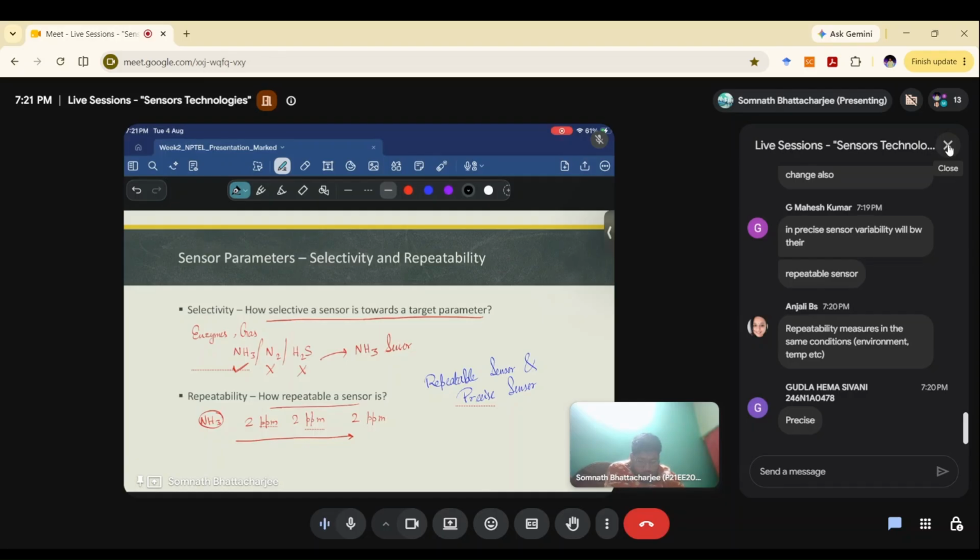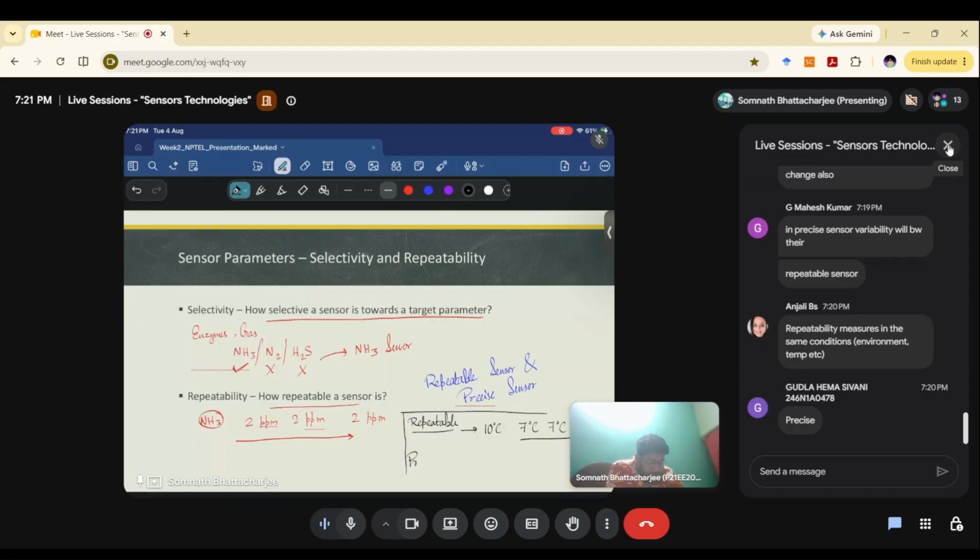Yeah, so what I was saying is, let's say we have something like this, right? So for a repeatable sensor, let's say we are measuring 10 degrees centigrade, okay? And let's say we are getting a 7 degree centigrade value. So for each of the iterations, we will be getting this 7 degree centigrade, and this is called a repeatable sensor, right? But for a precise sensor, the main thing is how precise is it?